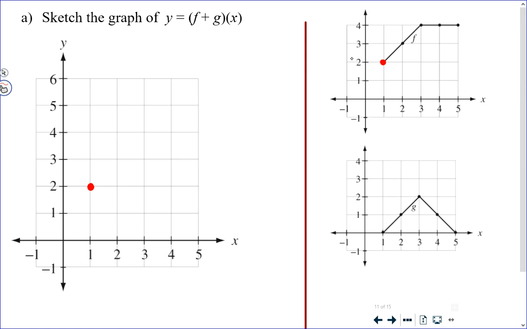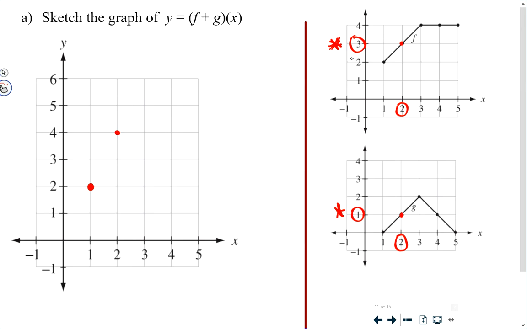What about when x is 2? Well, when x is 2, we have this point with a y coordinate of 3. And when x is 2 on g, we have this point with a y coordinate of 1. So you add the y coordinates. 3 plus 1 is 4, which means when x is 2, y is 4.